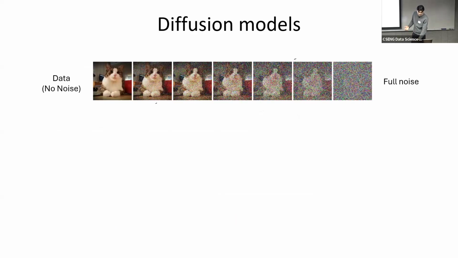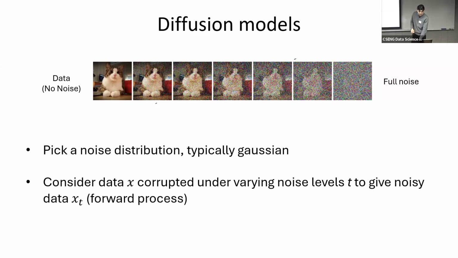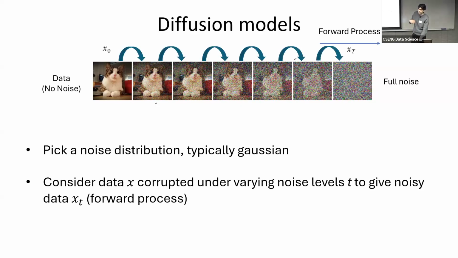Many of you have probably seen this already, but the picture is that for training diffusion models, we take our data samples and pick some noise distribution, let's say a Gaussian. It's very easy to understand in terms of images. We take a noise distribution like a Gaussian and corrupt our data under different noise levels. This is called the forward process, which is specified by us.